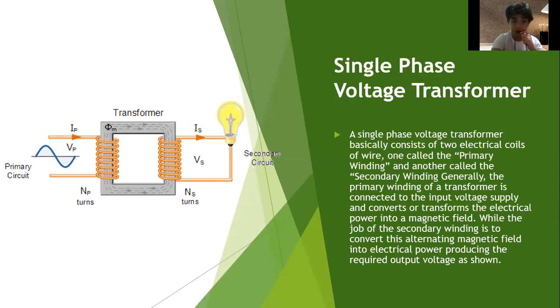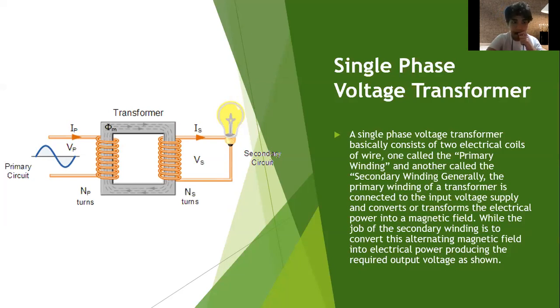Generally, the primary winding is the one that is connected to the input voltage supply and transforms electrical power into a magnetic field, which you can see in the transformer core.